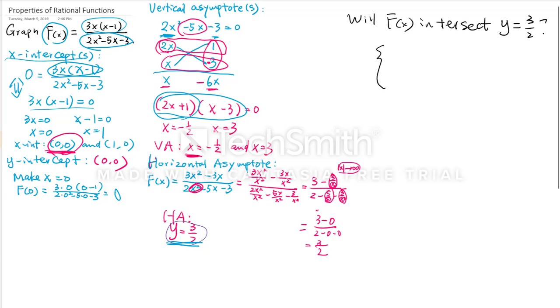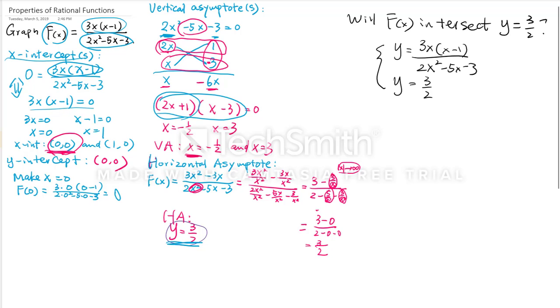The first equation will be f of x, which is y equals 3x times x minus 1 over 2x squared minus 5x minus 3. And the second equation is y equals 3 over 2. And we want to see if this system of equations will have any solution. If it does, the solution will be our intercept.